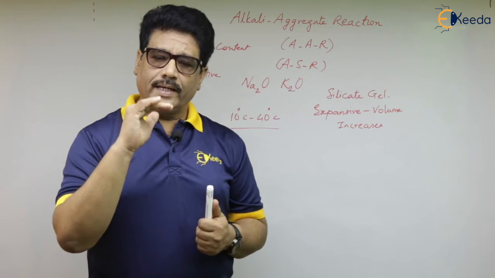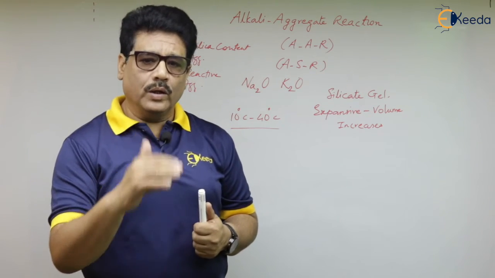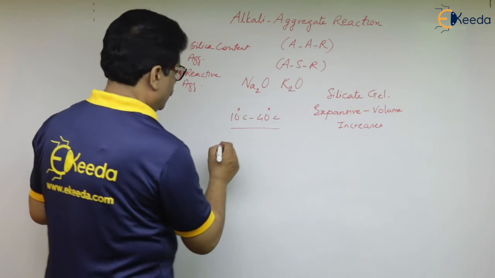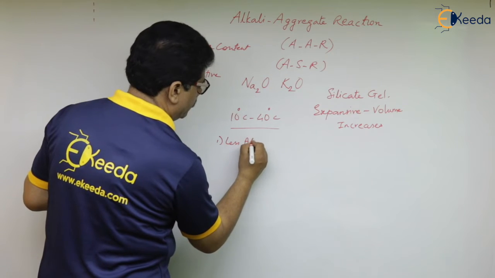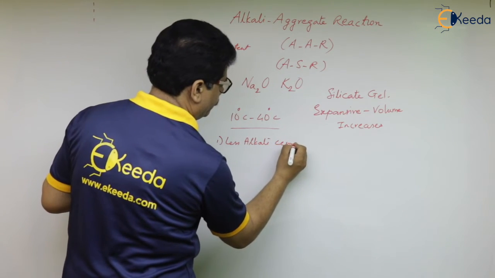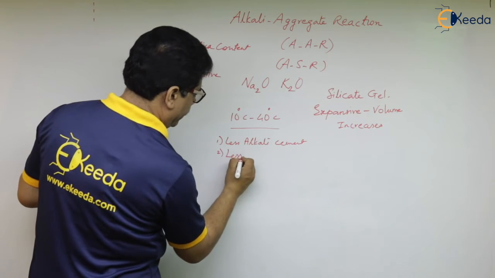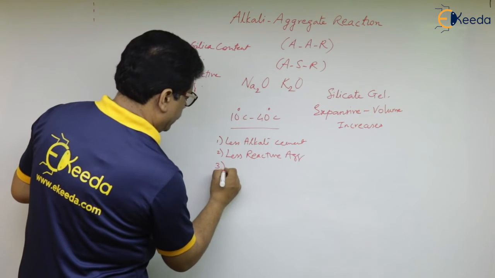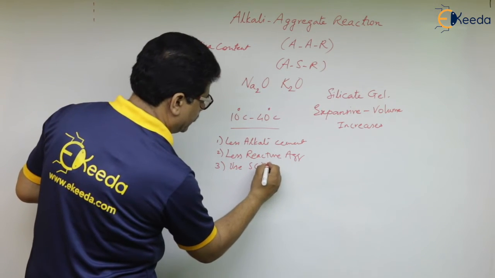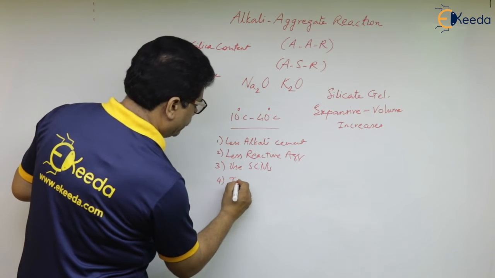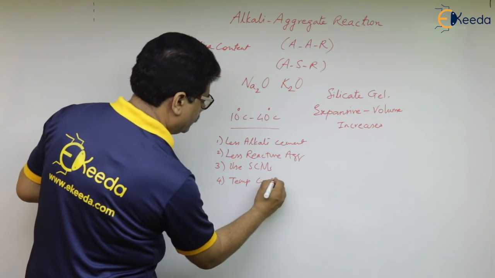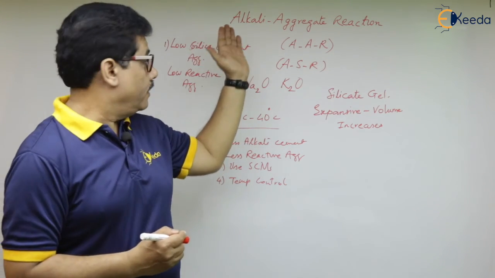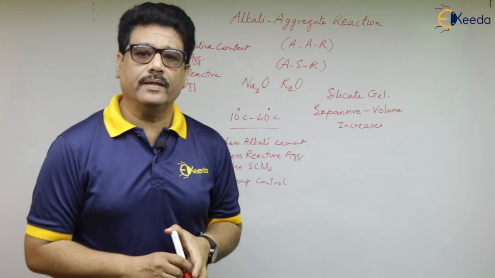But we can go for less reactive aggregates, low alkali cement, and secondary cementitious materials. So: less alkali cement, less reactive aggregate, use of SCMs, and temperature control. These are the controlling measures for alkali aggregate reaction. So this is about the alkali aggregate reaction.